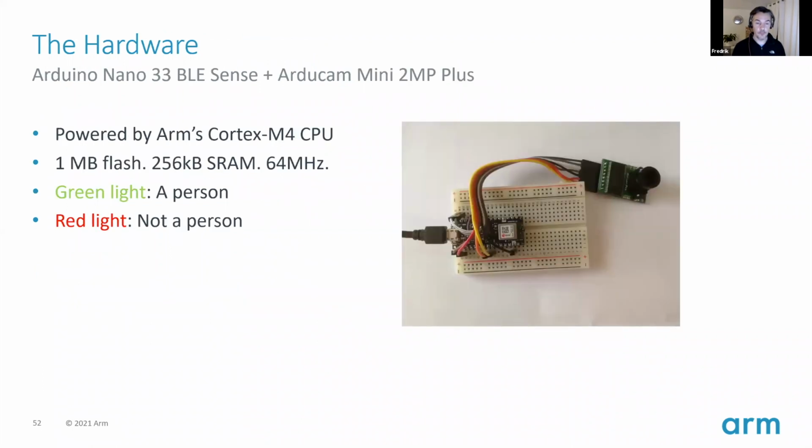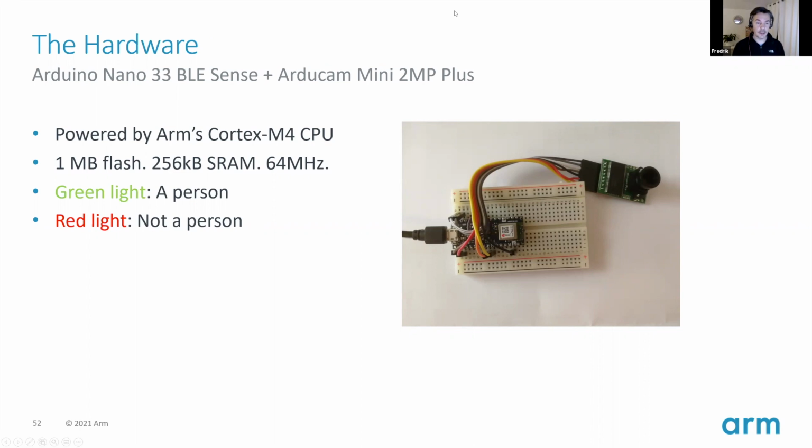Okay, and the hardware for this demo will be an Arduino Nano 33 BLE Sense with an ArduCam to capture the images. This specific hardware is powered by Arm's Cortex-M4. So if you remember from earlier slides, M4 has the capability of doing DSP-like instructions.